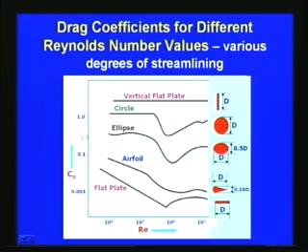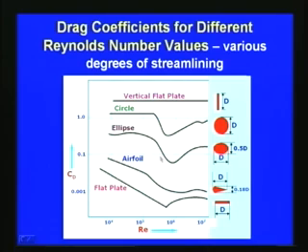If you consider an ellipse shape, the coefficient of drag in the laminar range initially slightly increases and then keeps decreasing. In the transition stage it keeps decreasing, and when the flow becomes turbulent, the coefficient of drag increases again like this.